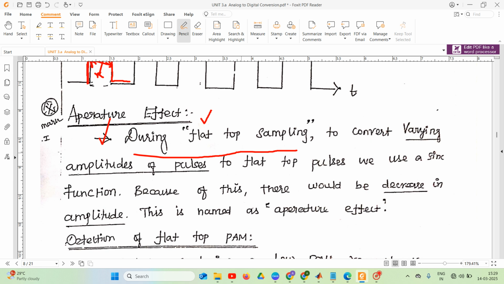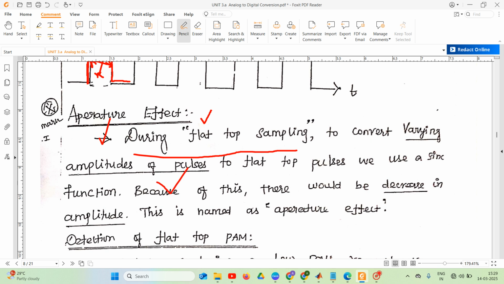I have discussed what is the flat top sampling and natural sampling while discussing the different types of sampling method or different types of sampling technique, right? So during this time, in the flat top sampling we need to convert varying amplitude of pulses, right?